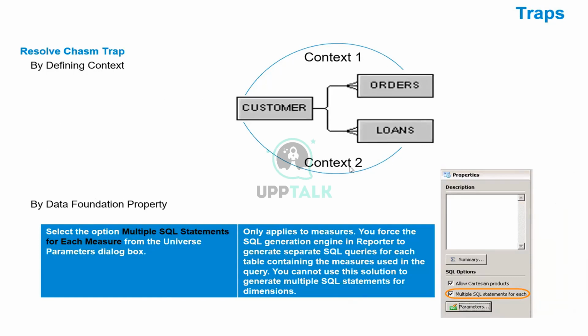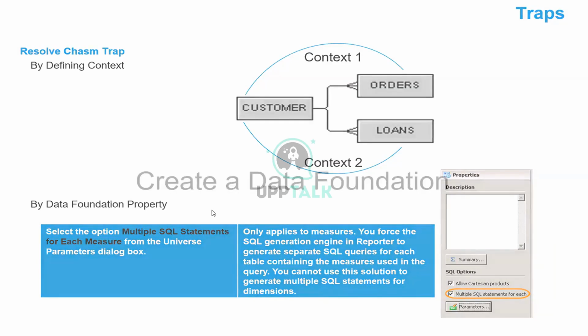We will have context 1 and context 2. This customer to order table will be one context, that is one path, and customer to loan will be the other path. We will define two contexts and we will check this option, multiple SQL statement for each context, and that problem will be solved.